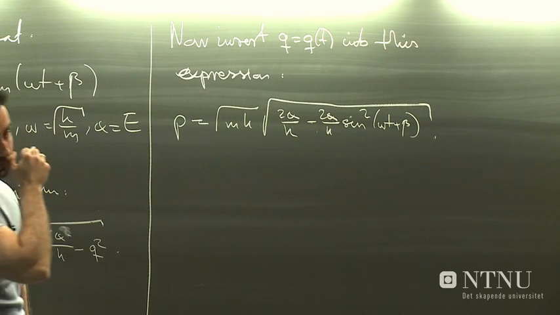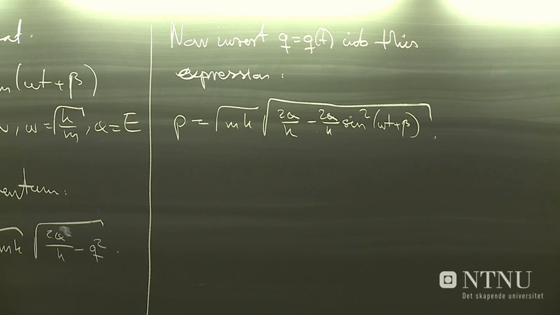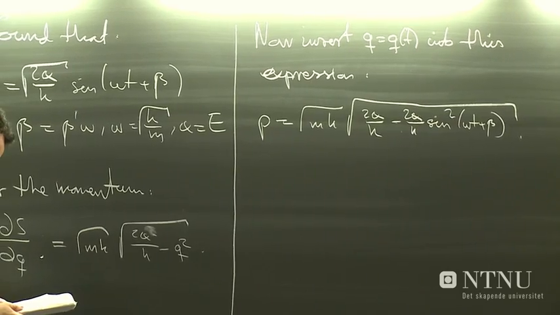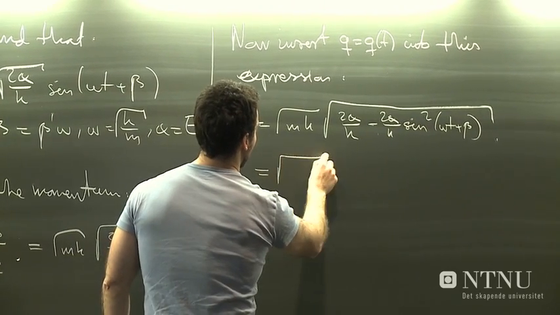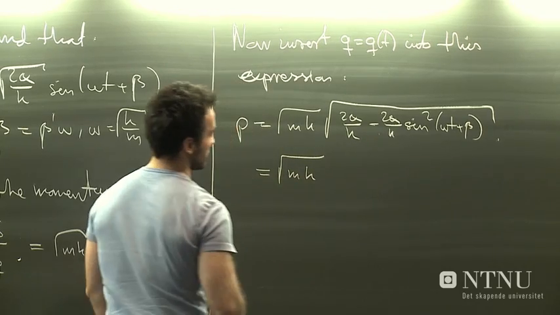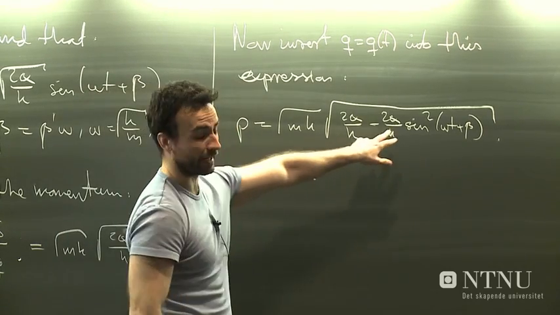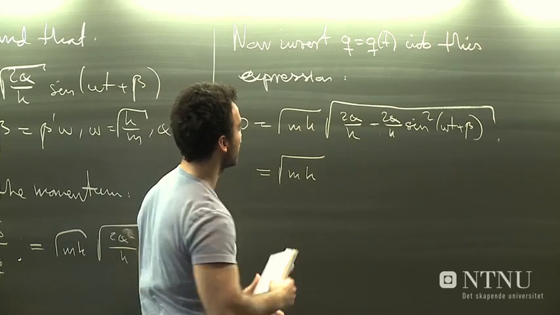Should look something like this. Well, we can make a simplification here because we have the same prefactor. So this is just cosine.